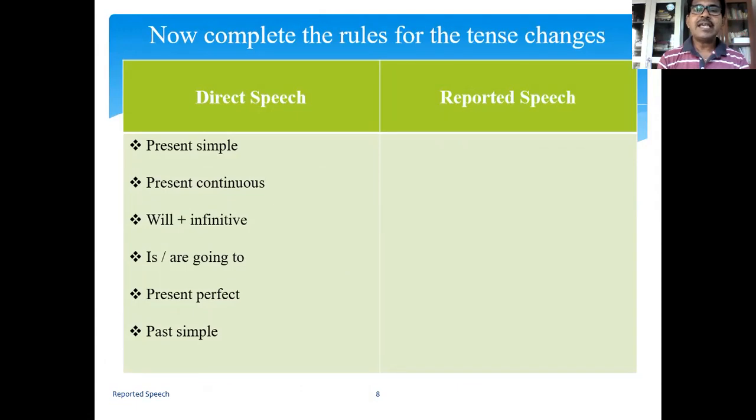So please take some time and fill in this table. I'll give you, say, 3 minutes for this one. Is it clear to you? You will have to fill in the basic rules, of course. And I want to make sure that you have learned what I told you earlier.